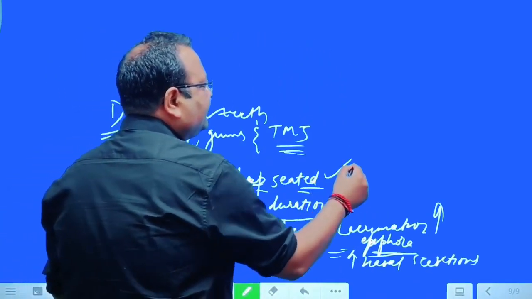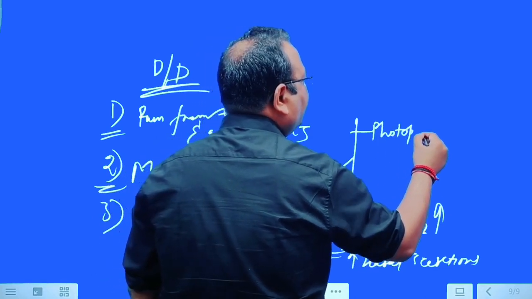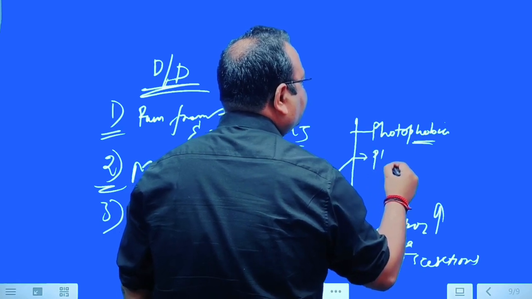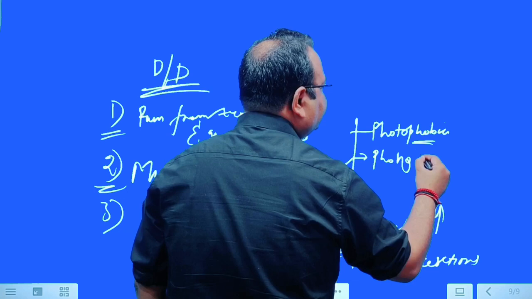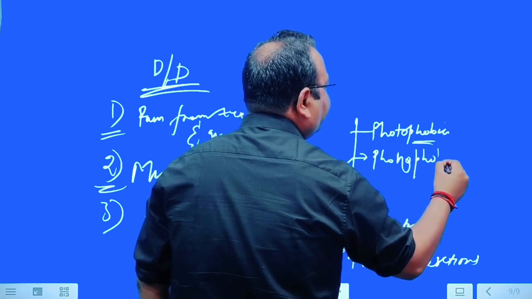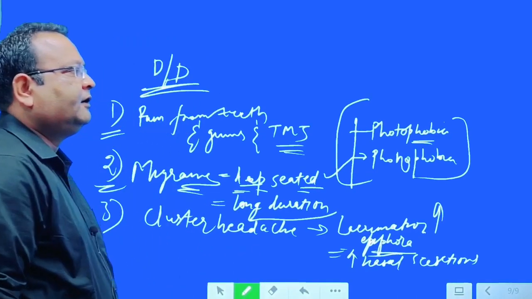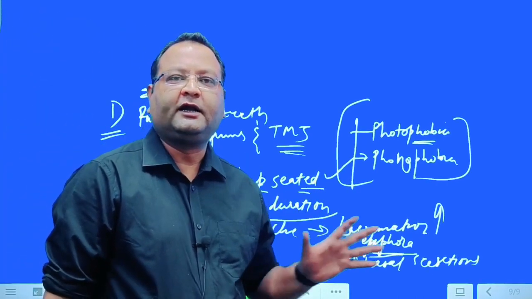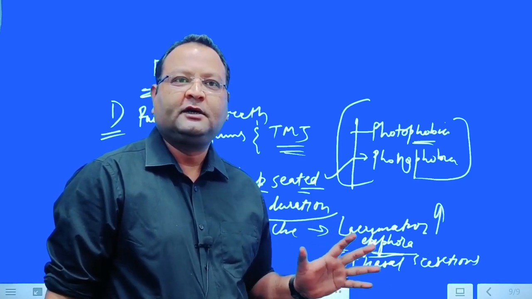Associated features are also present in migraine, like photophobia, the patient does not like lights, and phonophobia, the patient does not want to hear voices. Basically, a migraine patient wants to sit in a room which does not have light and should not have any noise.